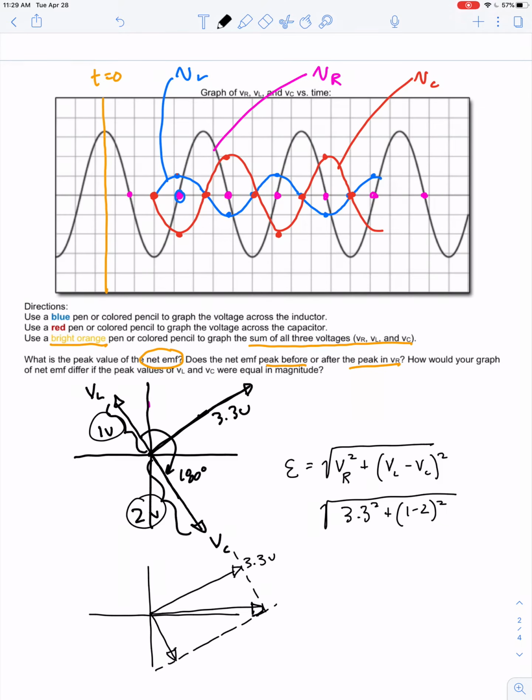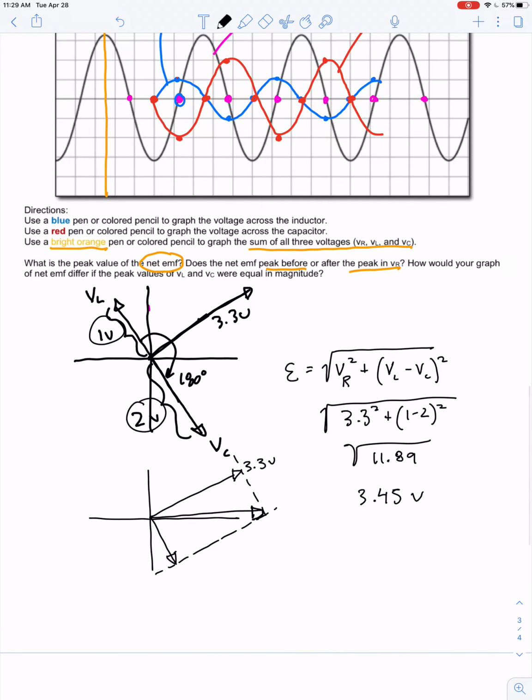So grab your calculator, see what you get. 3.3 squared plus 1 squared, which is 1. So what you should have is the square root of 11.89, which comes out to about 3.45 volts. Okay, let's look at another equation we have.